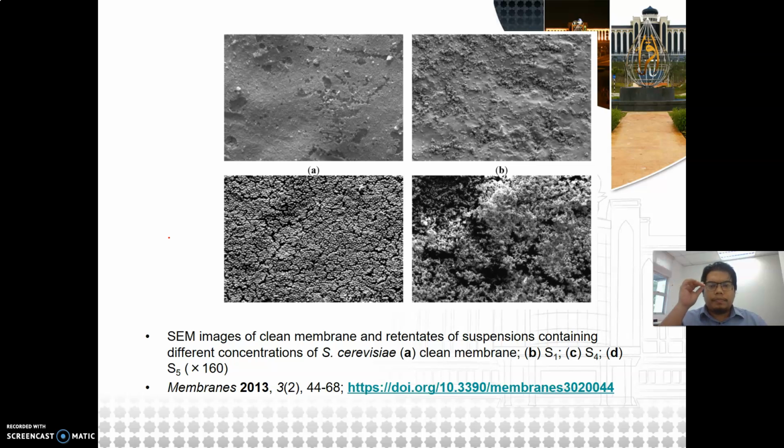And here are a few scanning electron microscope images of a clean membrane and the membrane after filtration containing different concentrations. For example, this one is a clean membrane. So we can look at how the particles accumulate on the surface of the membrane.